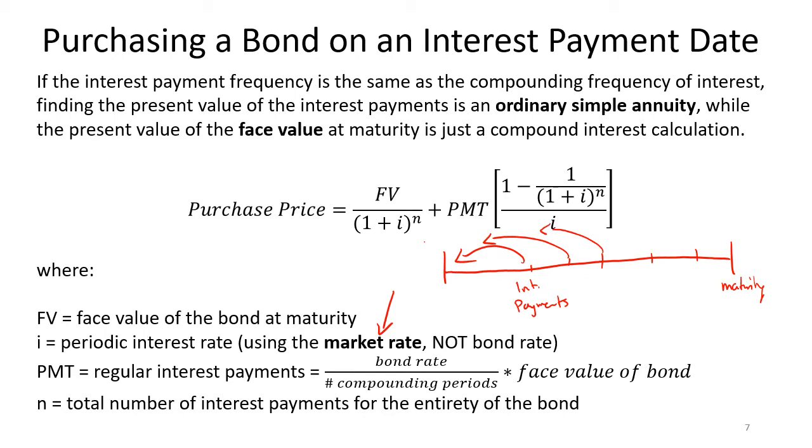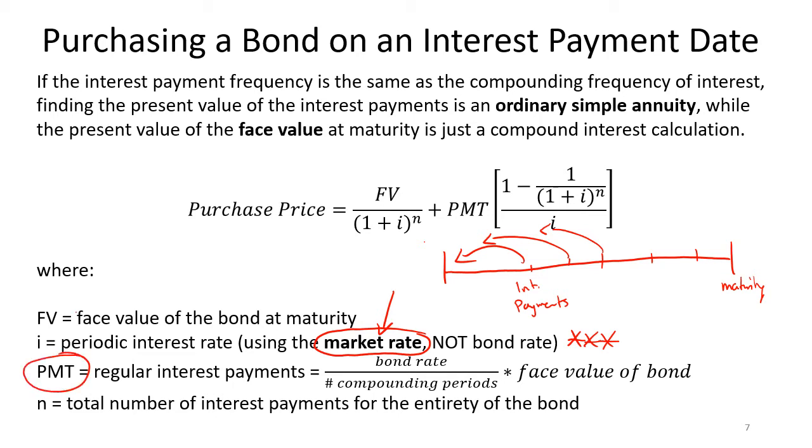Because we're trying to figure out the value of those payments today. So we have to use the market interest rate. That's very, very, very important, okay? Not the bond rate. Where the bond rate is used is when we try and calculate our payments.